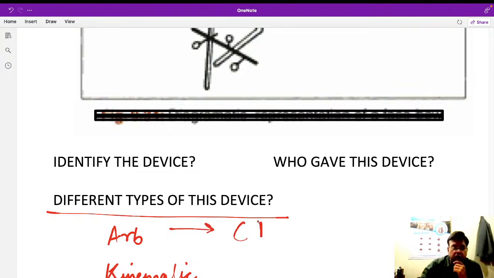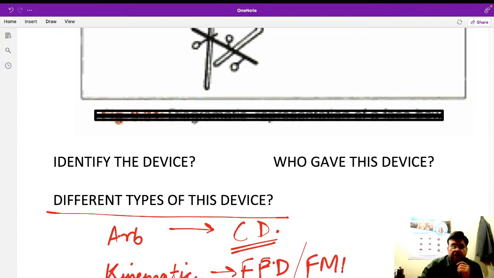Arbitrary is commonly used for complete dentures. Kinematic is commonly used for fixed partial denture or something called full mouth rehabilitation. Right?